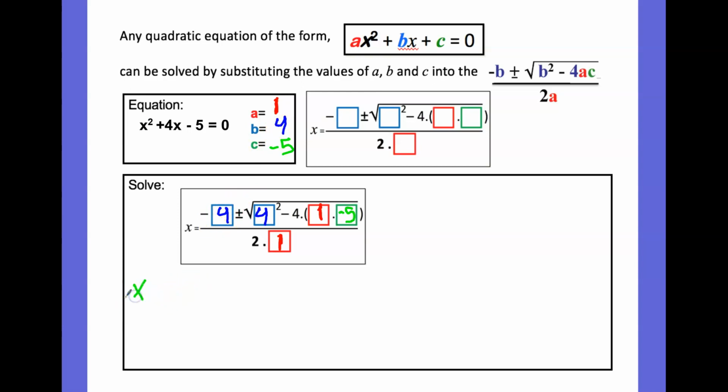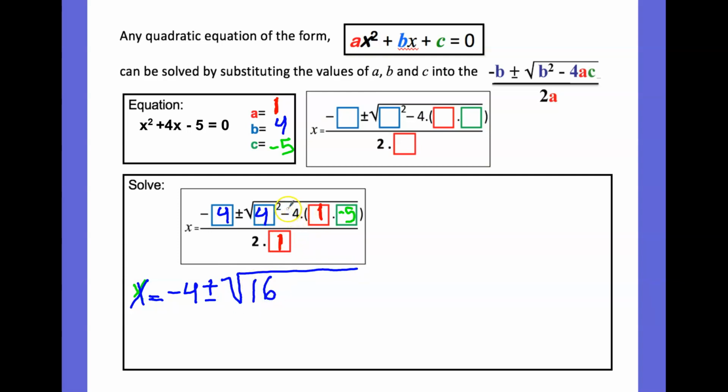So I'm going to start writing the solution on this side. Okay, so x equals negative 4 plus minus. The first thing I'm going to do is solve whatever is inside the square root. So 4 squared is 16.